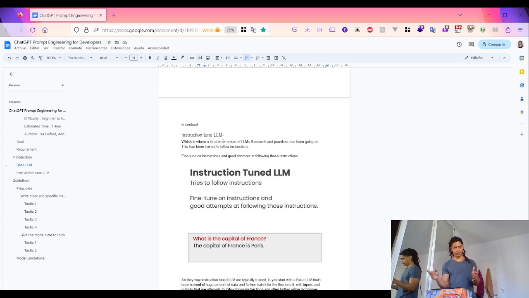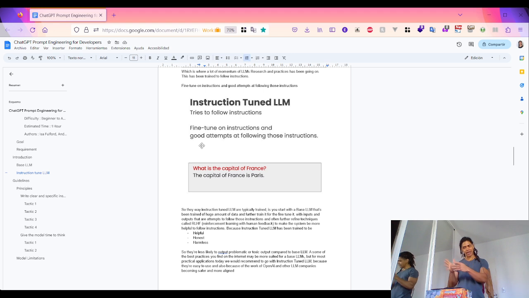The way this works is that you start with a base LLM, train it with a huge amount of data, and then you further train it and tune it with specific inputs and outputs that attempt to follow instructions, often further refined using techniques like reinforcement learning from human feedback.